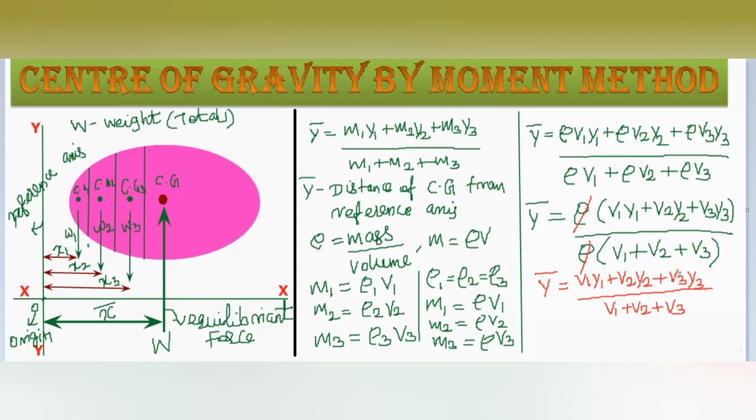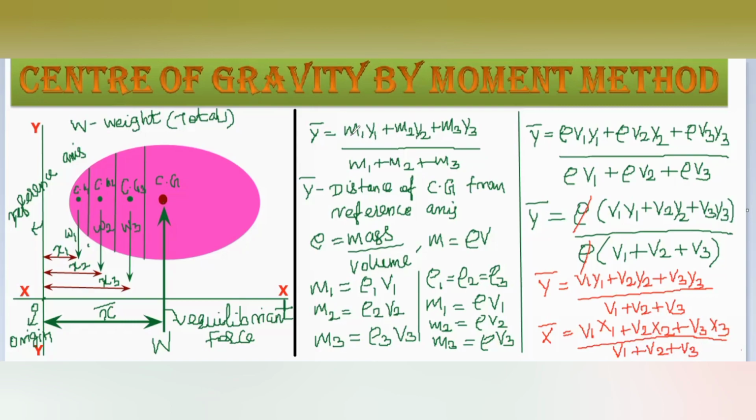Here V is the volume. Same way for x bar, we can write V1 x1 plus V2 x2 plus V3 x3 divided by V1 plus V2 plus V3.